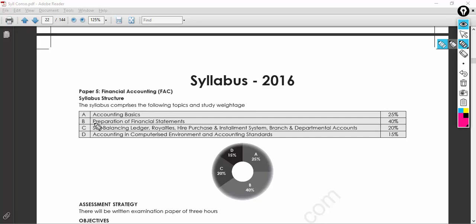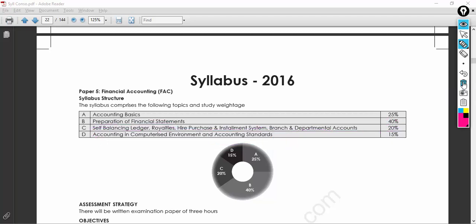Then we also have the preparation of financial accounting, which carries 40 marks, a huge 40 marks. We also have self-balancing, royalties, hire purchase, installment system, branch and departmental accounting, which carries 20 marks. Similarly, we also have one of my important topics, computerized environment and accounting standards, which is 15%.